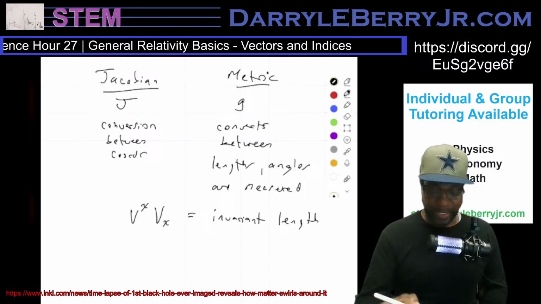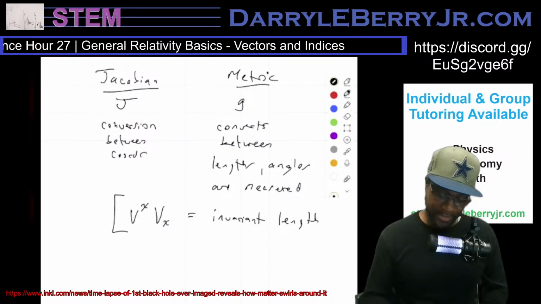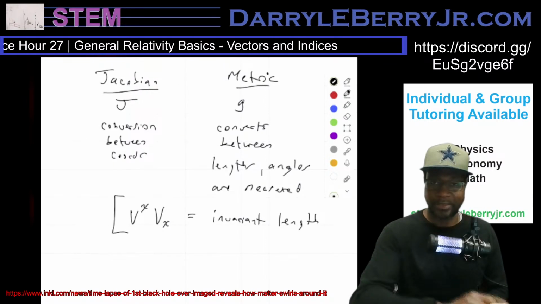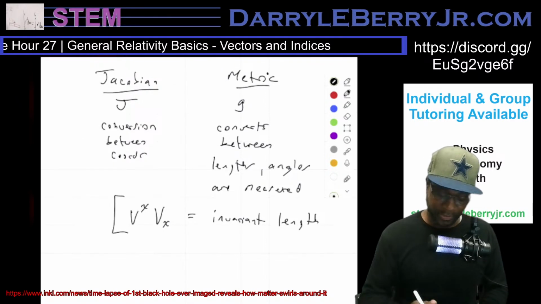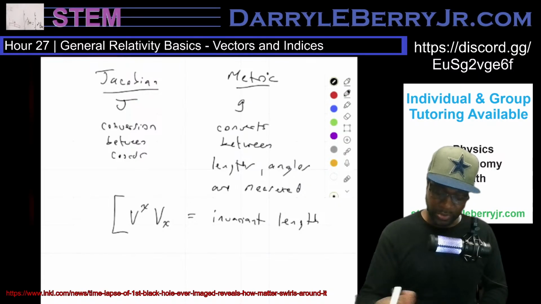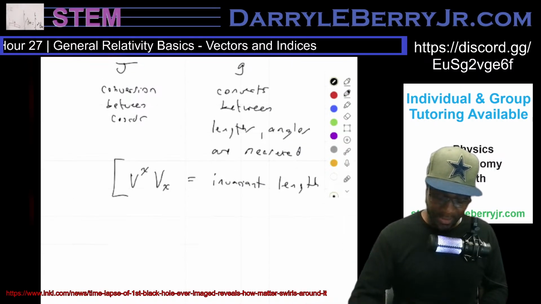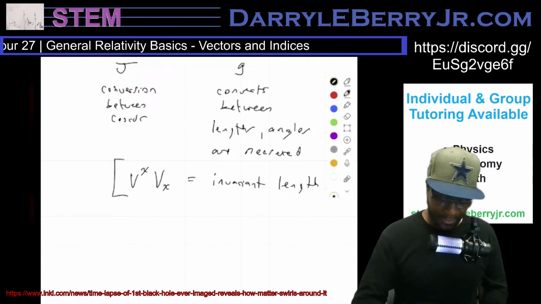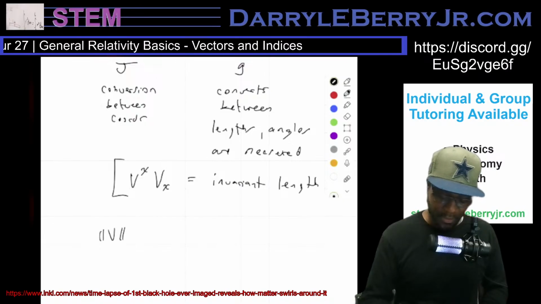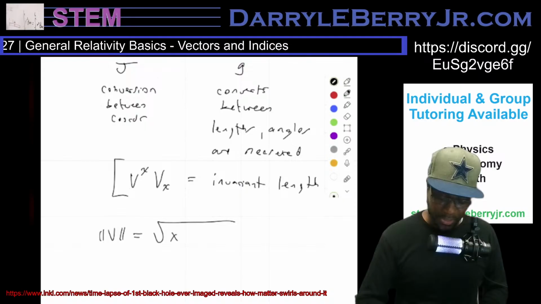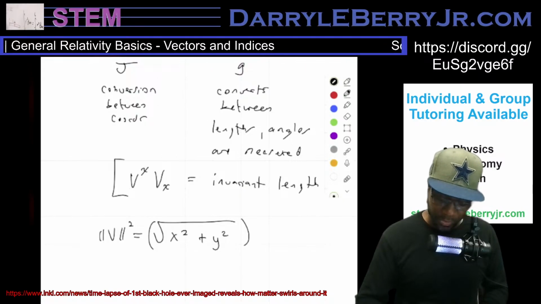So in general relativity, this multiplication between the different types of vectors, the coordinate conversion and the actual physical distance, is equivalent to saying the magnitude of the vector is the square root of x squared plus y squared. And actually they do it squared.